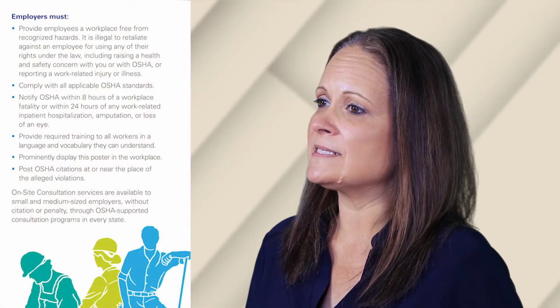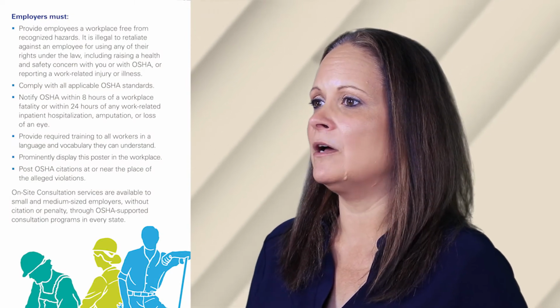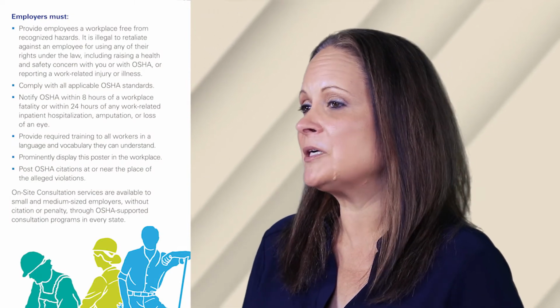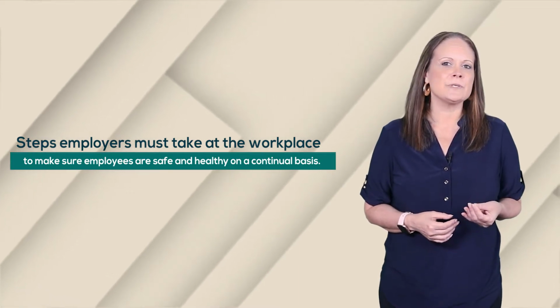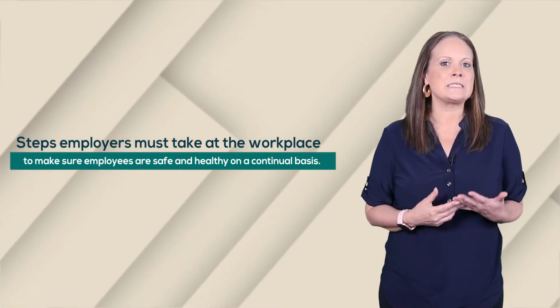Now, let's look at the other side. What are the main points of the information included on the right-hand side column of the poster? Well, the main point is to explain the responsibilities and steps employers must take at the workplace to ensure employees are safe and healthy on a continual basis. Based on the main points on the right side, what does an employer need to do in the case of work-related, inpatient, hospitalization, amputation, or loss of an eye?